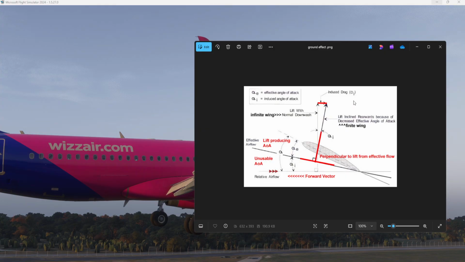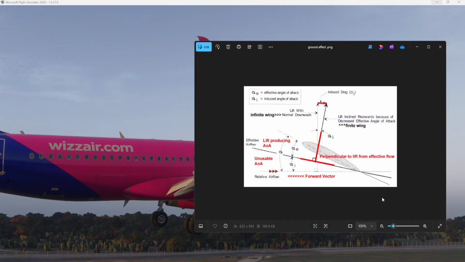In general, during the landing, the effective angle of attack will increase and the induced drag will decrease. So once the induced drag is decreased, the lift is increased. So during landing the lift increases, and during takeoff it is the opposite.